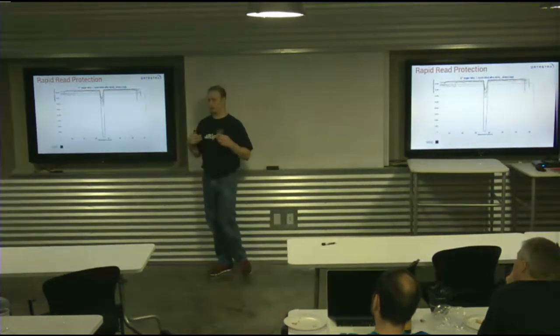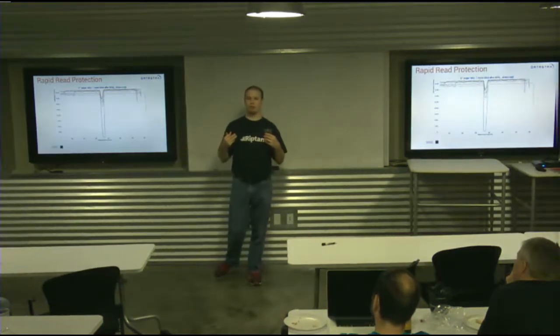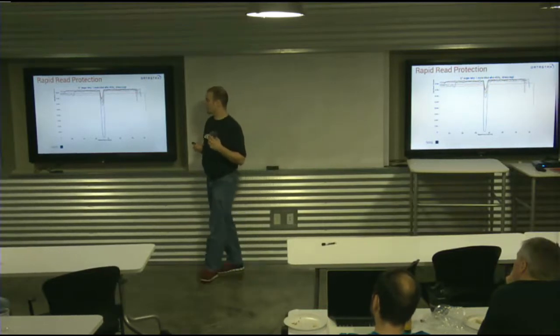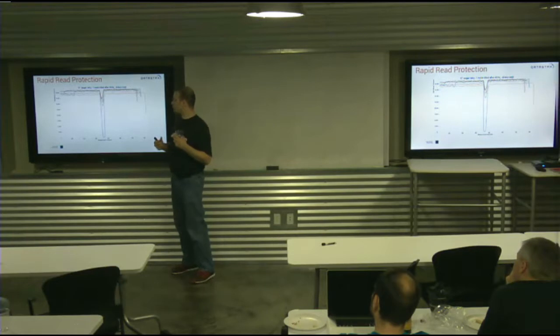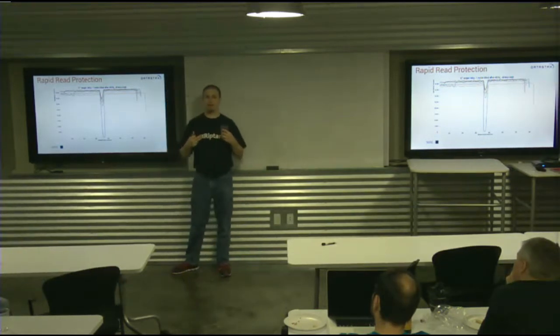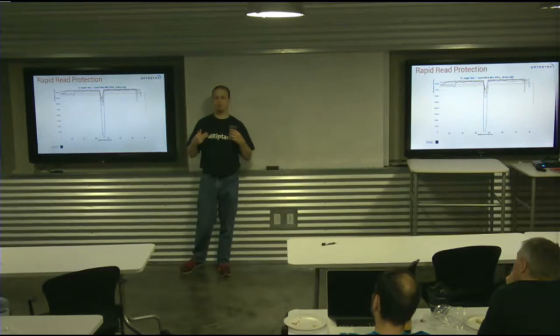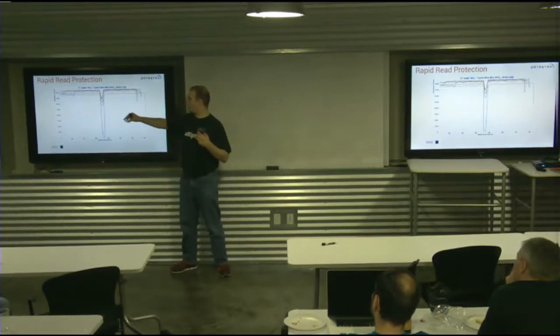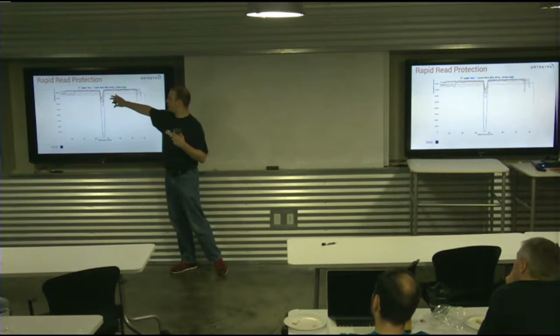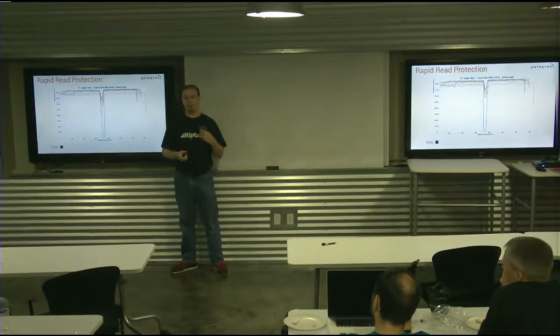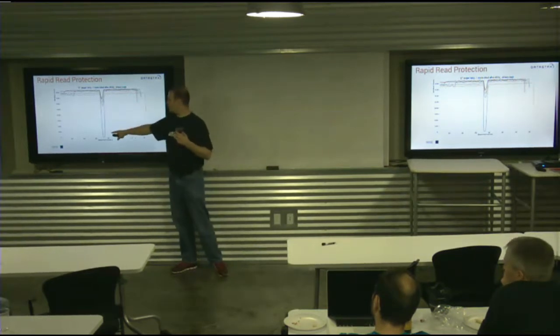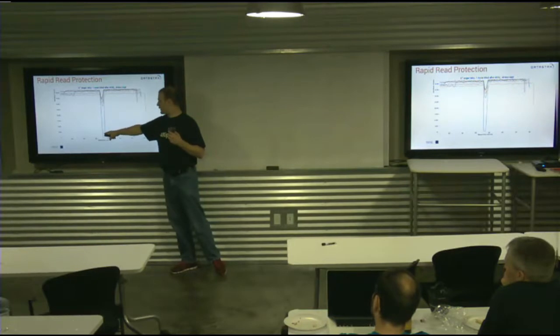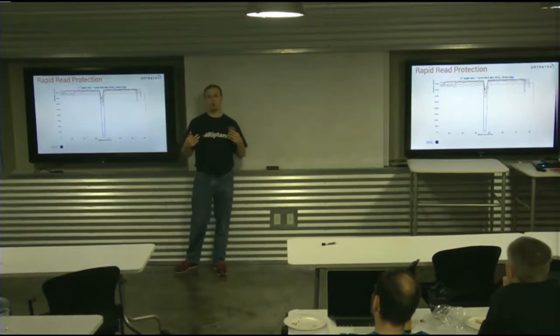So how does it decide when to generate that redundant request? It's actually configurable. This is a graph of performance with different values of rapid read protection enabled. This blue one here that dips to 0 is no read protection.